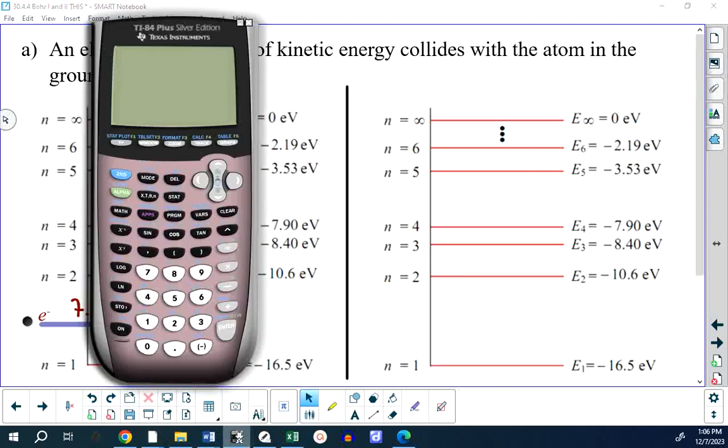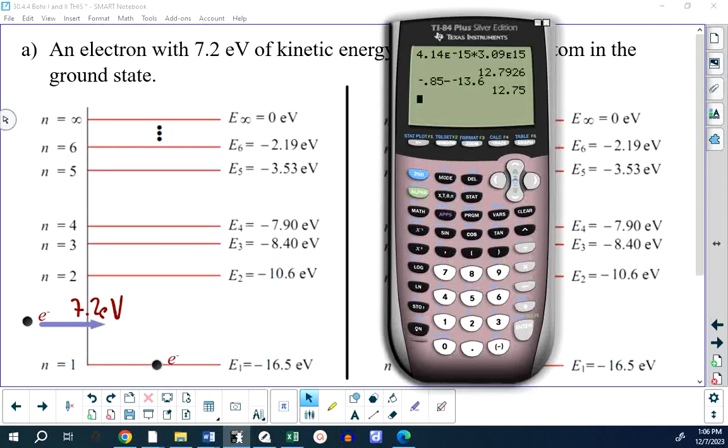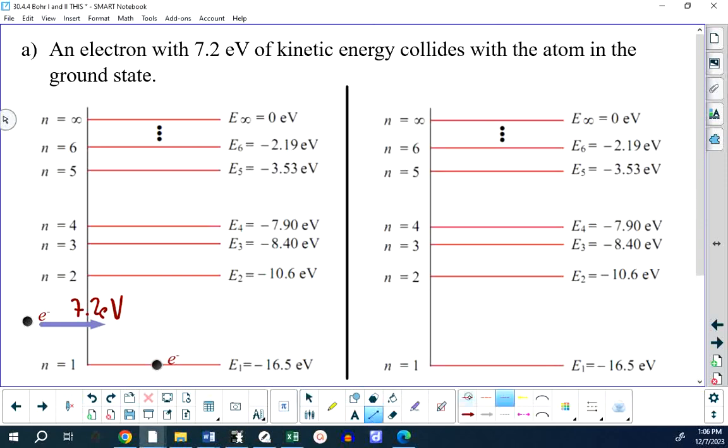It's to simply say, if I take the initial energy of the electron in the atom and I add the energy that the electron that's going to hit the atom has, if the atomic electron could take in all of that energy, the atomic electron would end up with negative 8.8 eV of energy, which is someplace in here, which is not allowed. And that tells me it's enough energy to pop it to the second energy level, but not enough to get it to the third. It's either at the second or the third. It can't be in between.